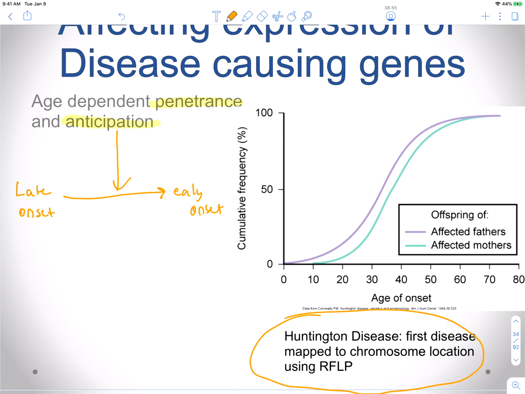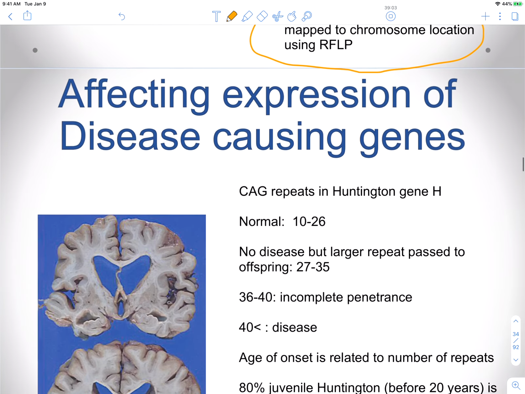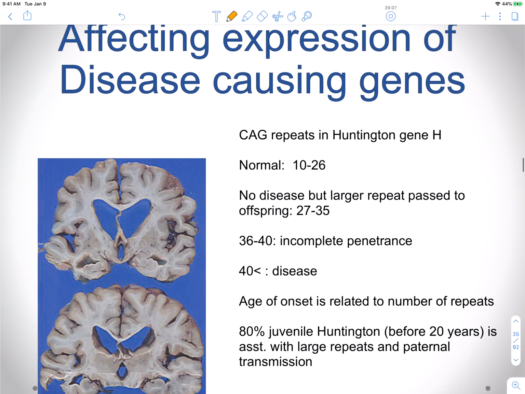So Huntington's disease was mapped to chromosomes using a process that identified the mutations in that chromosome, and they found at that site CAG repeats. Now, in a normal individual that does not have Huntington's disease, this CAG repeat is about 10 to 26 times in a row.